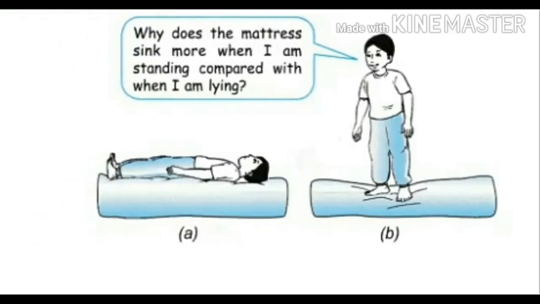In another situation, you stand on a mattress, or even you can consider loose sand. Your feet go deep into this mattress or the loose sand. Now lie down on this surface. What will you find, children? Guess? Yes, you will find that your body will not go deep into the surface. In both the cases, the force exerted on the surface is the weight of your body.